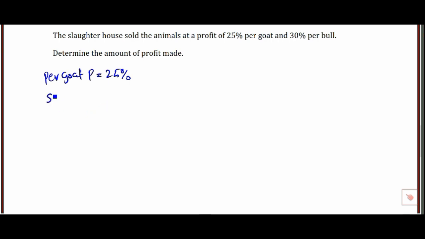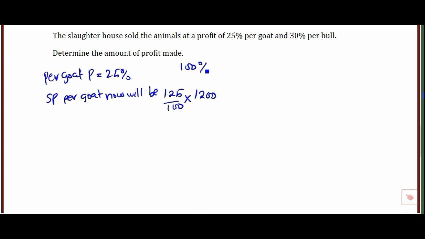And the selling price, now we are asking ourselves, what is now the selling price per goat? You take 125 over 100 times 1,200 shillings.